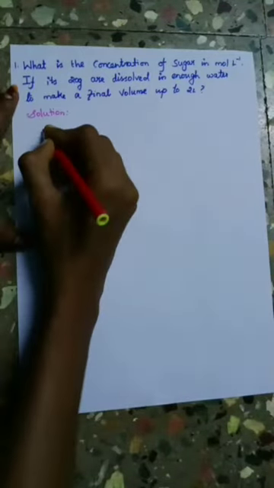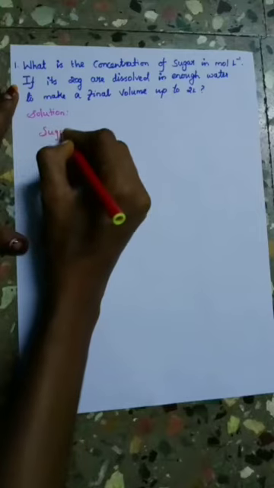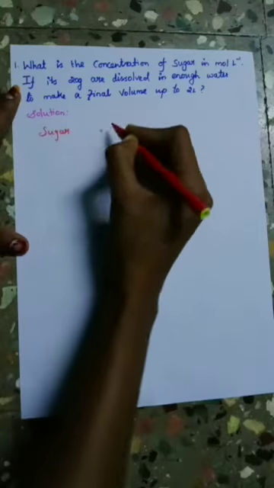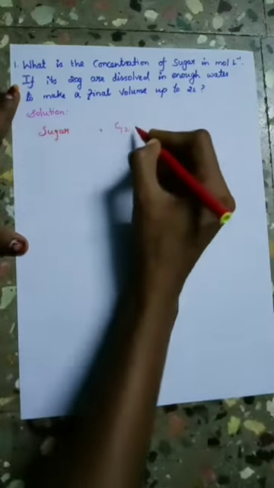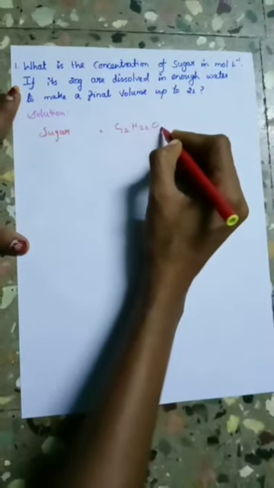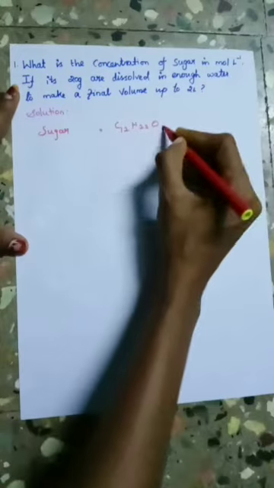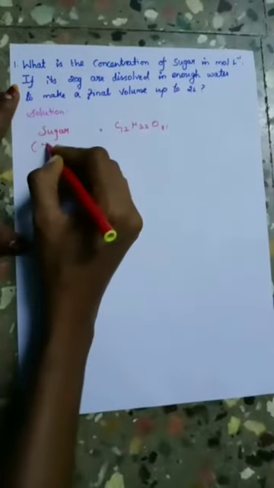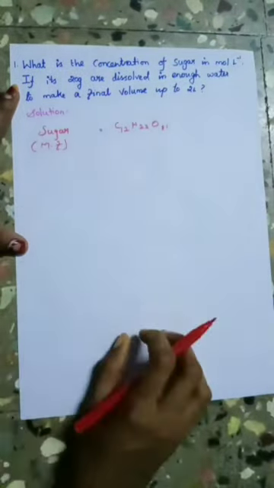So what is the molecular formula of sugar? The molecular formula of sugar is C12 H22 O11. Now what we want is the molecular weight of each element.